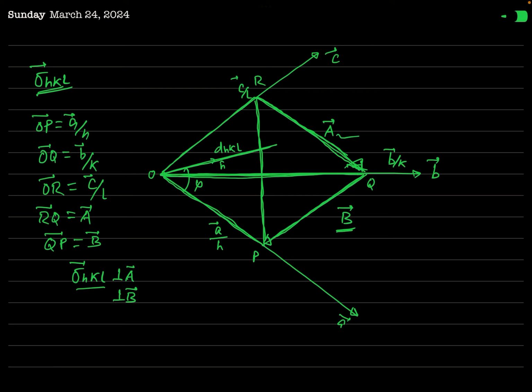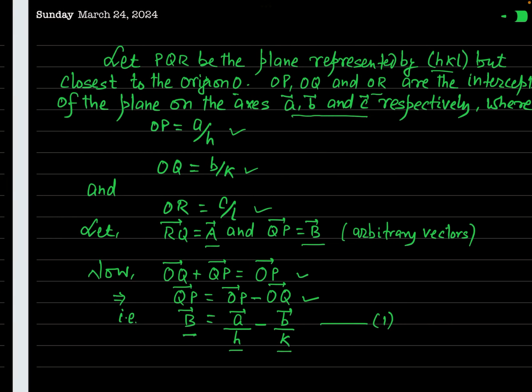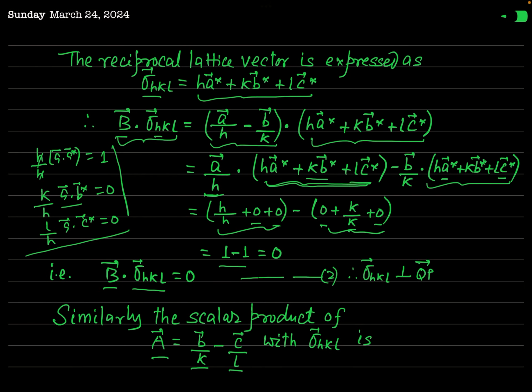And we consider that n hat is a unit vector along this normal direction. Now, you know that vector sigma_hkl is along this normal.